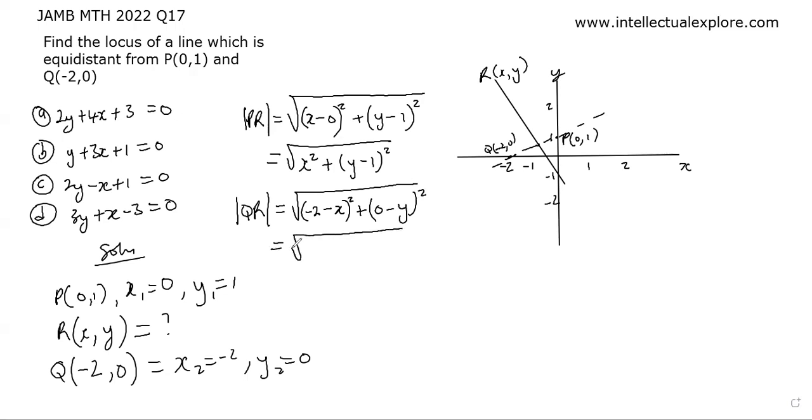Simplify a bit: (-2 minus x) all squared plus y squared. So since these two lines, QR and PR, are the same, that means we can equate line PR as having the same length as line QR.